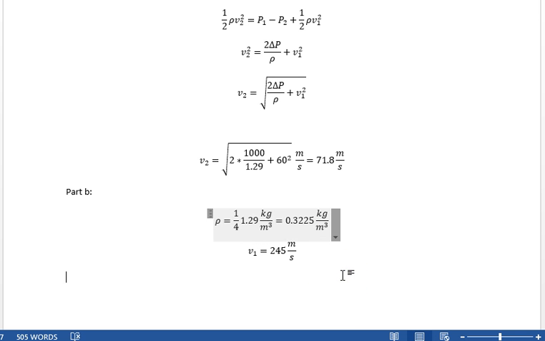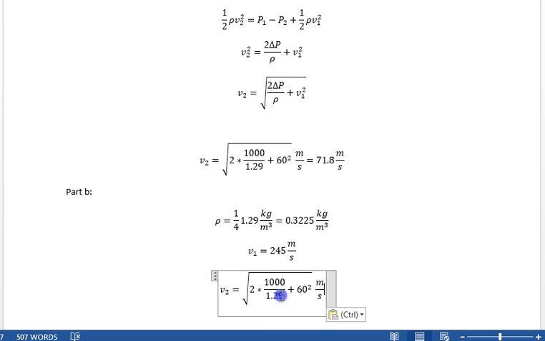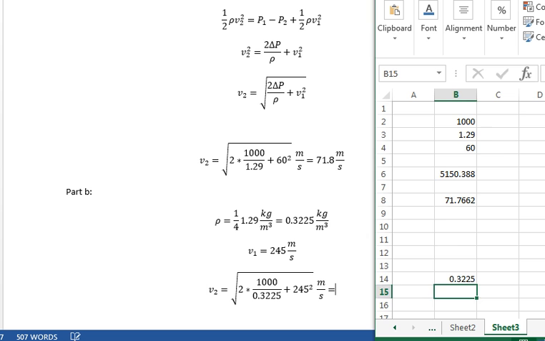All right. So if we just stick that into the same equation, we'd be looking at 0.3225 here and 245 there. All right. So what does that bring us to?